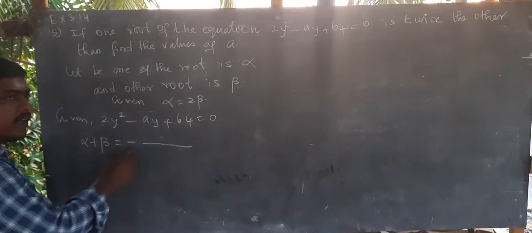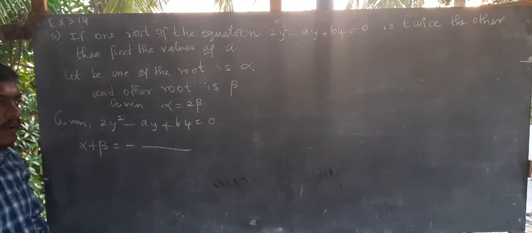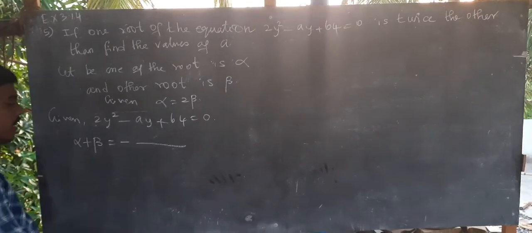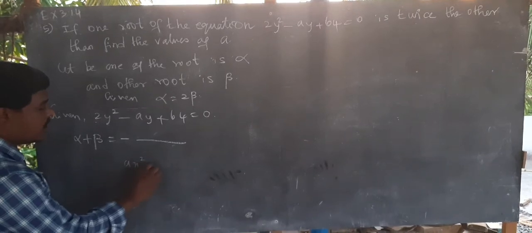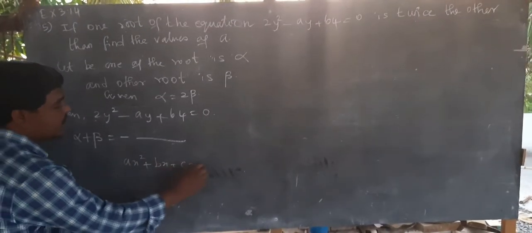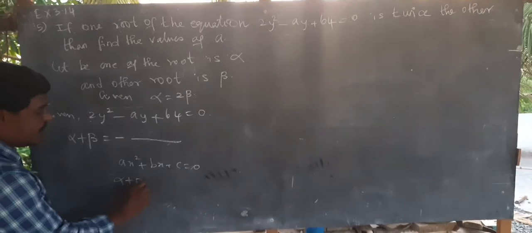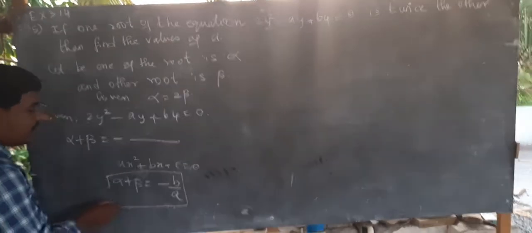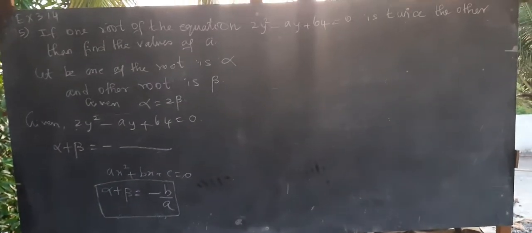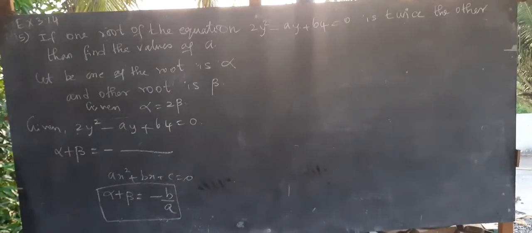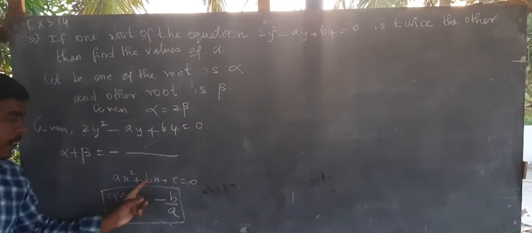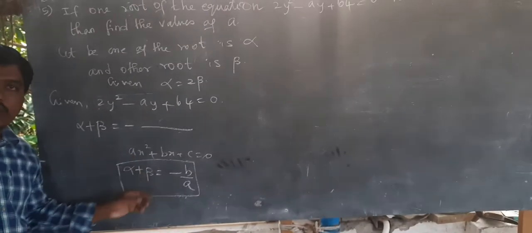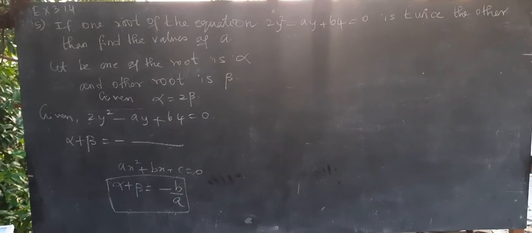Alpha plus beta equal to the formula minus b by a. Listen, clear? For ax square plus bx plus c equal to 0, alpha plus beta equal to minus b by a. This is the formula. Remember this one. Or otherwise we can say coefficient of x by coefficient of x square. That is the formula for alpha plus beta.